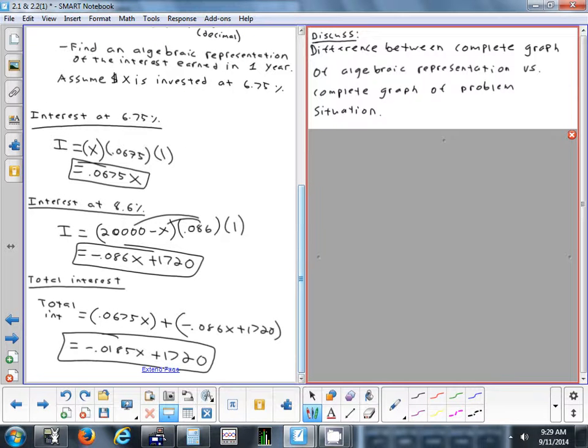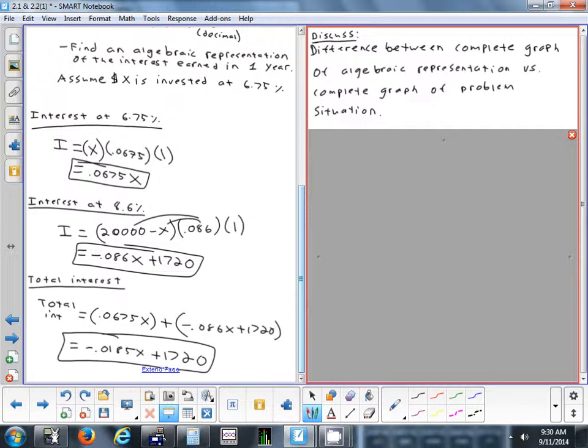Okay, so we're going to come back to the situation. We're going to use that equation to solve another problem in a minute. But what's the difference between a complete graph of the algebraic representation versus the complete graph of the actual problem? The negatives will be cut out because they would not make sense. Right.